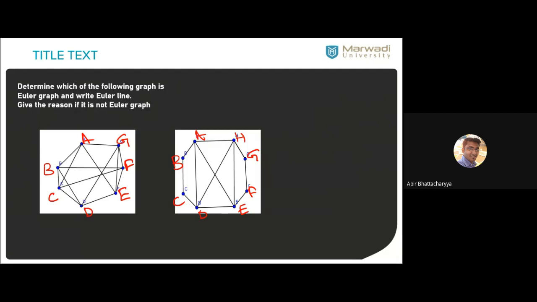So next graph, if it is Euler graph, then write down Euler line.